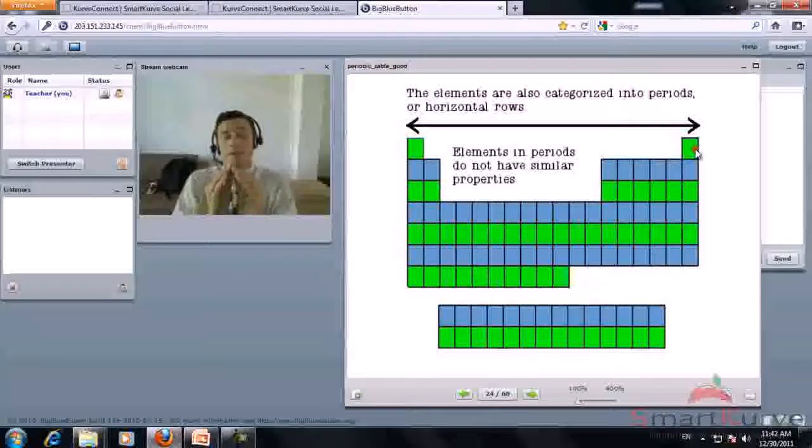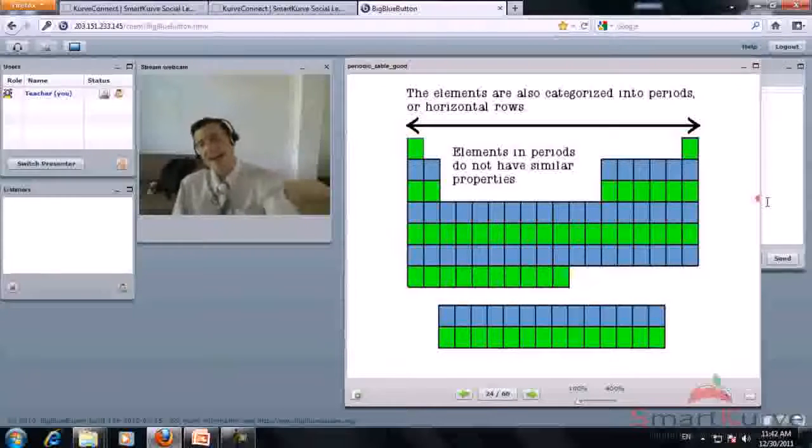Now, that first shell can only hold 2 electrons. So after hydrogen and helium, we go to the next shell, the next period, the next row. And we start here on the left with lithium, and we go across 1, 2, 3, 4, 5, 6, 7, 8. That second energy level can hold 8 electrons.